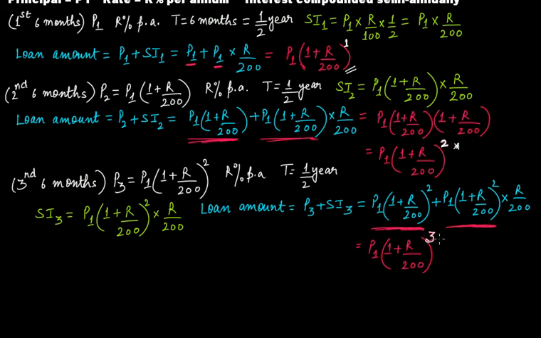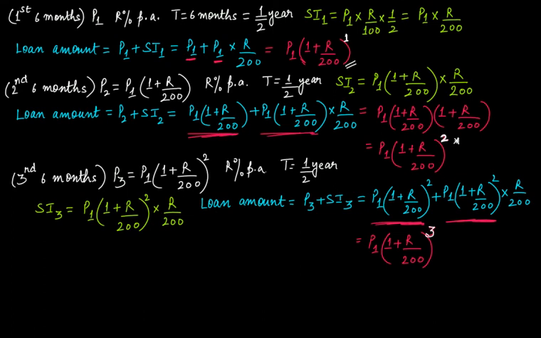Now this 3 tells you the third conversion period, or the third period of 6 months. It means that if someone asks you what will be the loan amount or the total amount at the end of nth 6 months, in that case you can simply say P1 (1 plus R by 200) to the power n, where n means the number of 6 months.